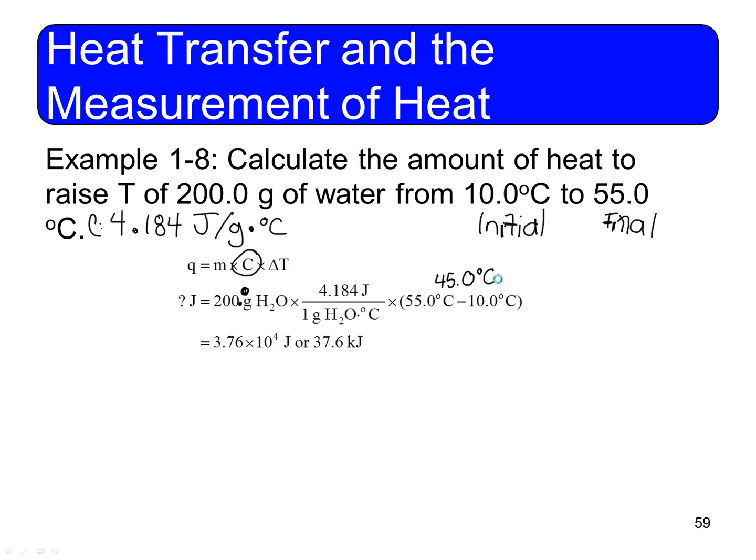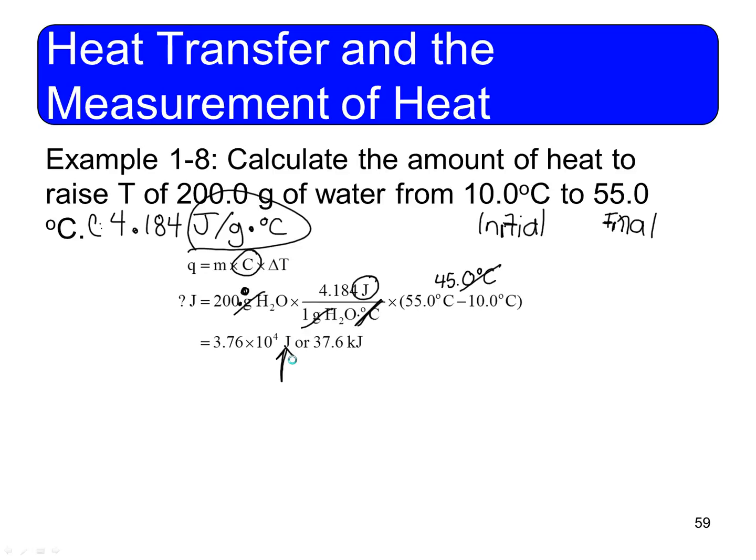Notice that we have to have the correct units here that match up with our specific heat. Our mass has to be in grams so that our units can cancel. And then our degree C can also cancel. So we're left with joules as our units, which is the SI unit for heat.